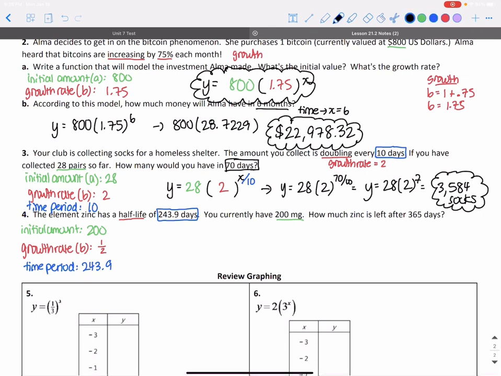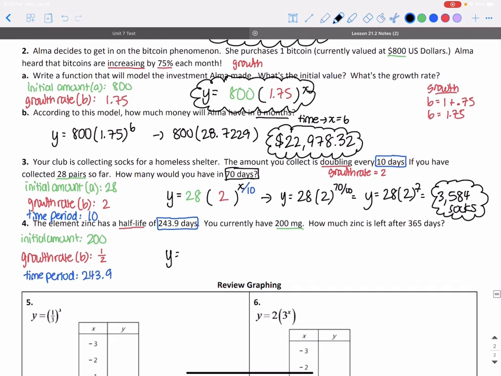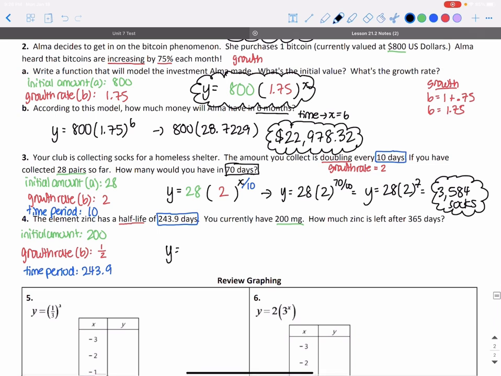All right, so now I'm going to fill this information into my exponential function, so I'll have y is equal to 200, the initial value, times 1/2 to the x.